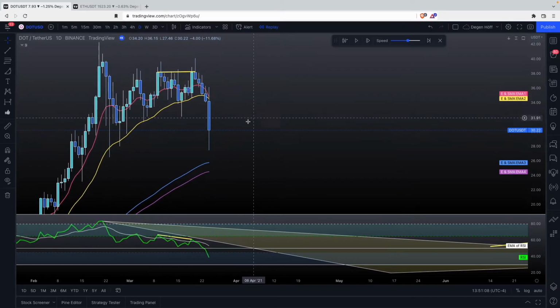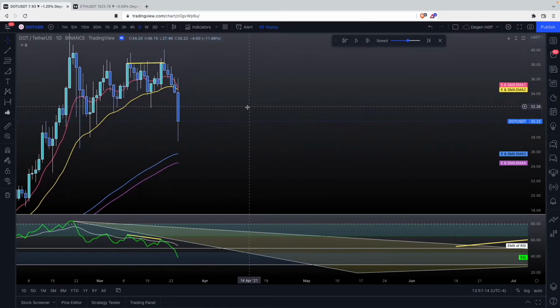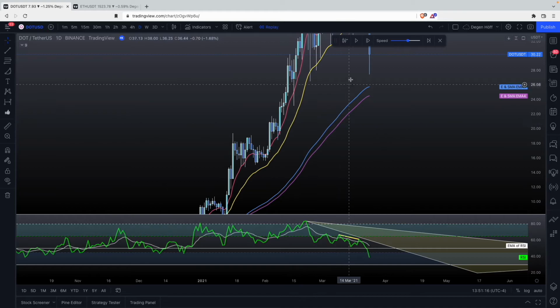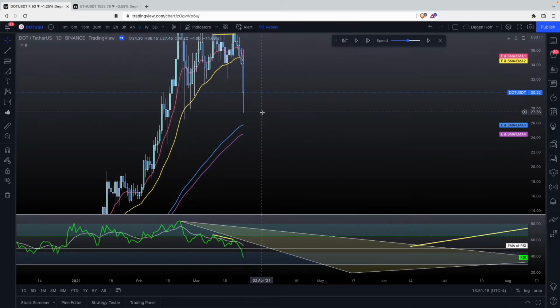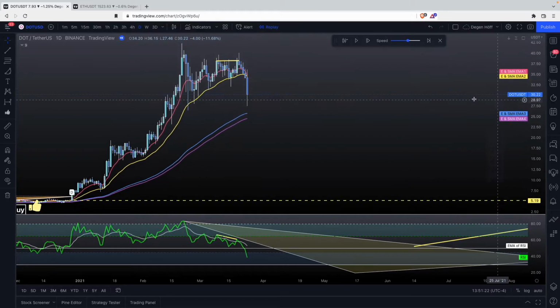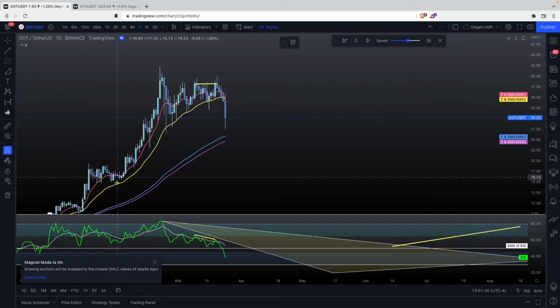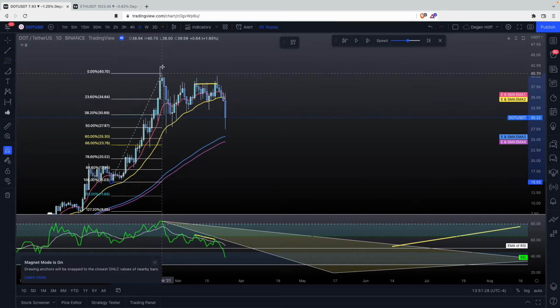Yeah, there it is. Now, what I want to see is holding the 100 and the 89 for this to be a continuation. But also, I'm looking at the fib retracement level. That's your high.